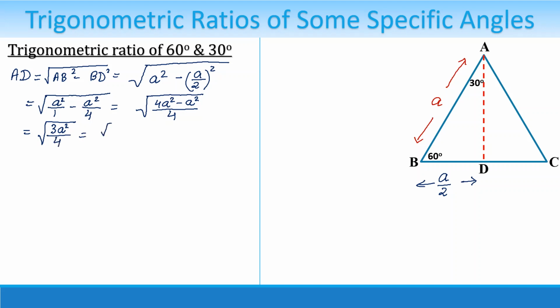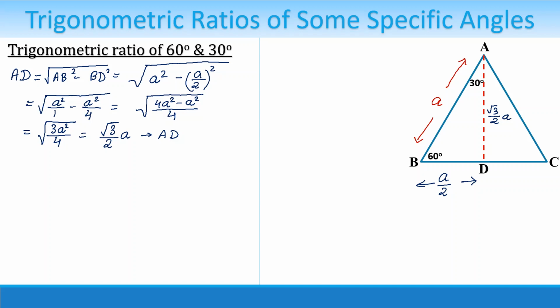Now 3 cannot come out from the root, so it will remain inside the root. A square will come out from the root and 4 will come out from the root. 4 becomes 2, A square becomes A. So we got the value of AD as root 3 by 2A. So we are all done.